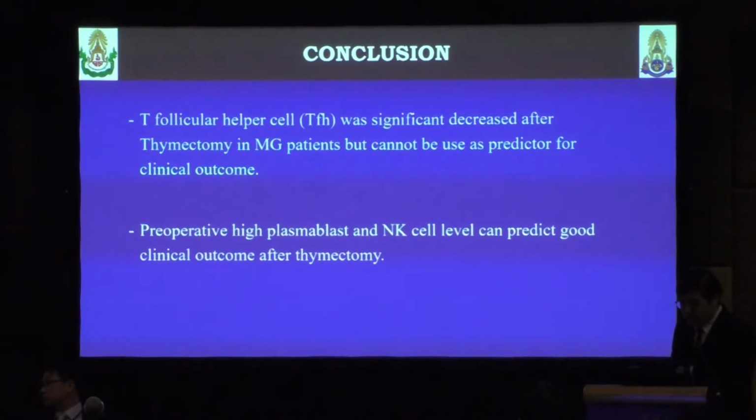T follicular helper cell was significantly decreased after thymectomy in MG patients, but cannot be used as a predictor for clinical outcome. And we found that the interesting immunological factors that can predict the clinical outcome are plasmablast and NK cell.